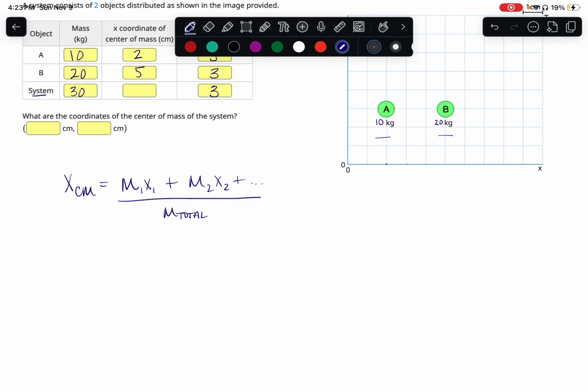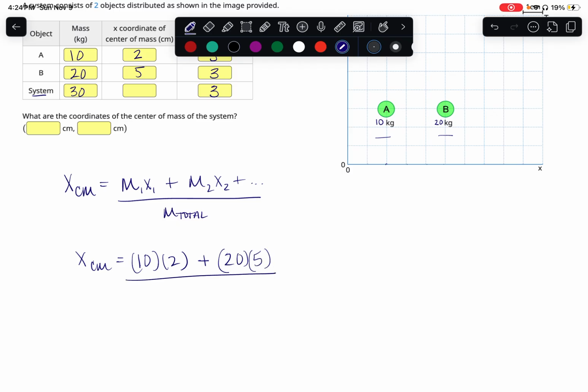So for this one, we're going to have x of the center of mass is going to be the mass, which is 10, times its position, and I'm just doing the x position, which is 2, plus the second object, B, which has a mass of 20, times its position of 5.